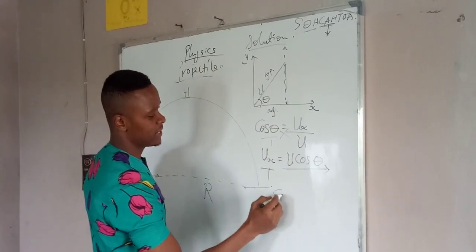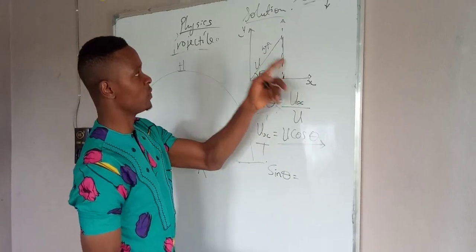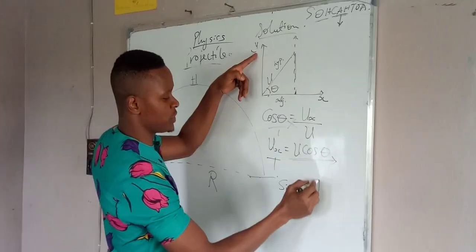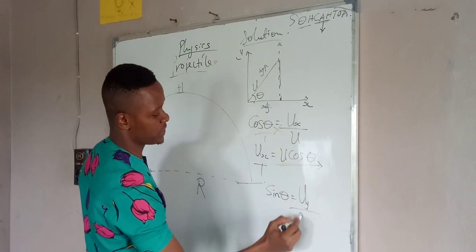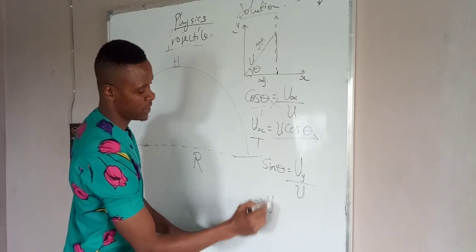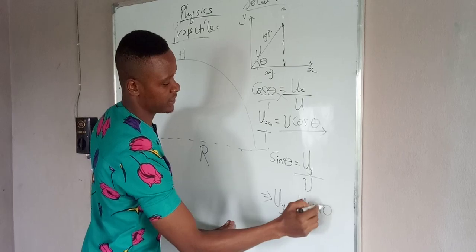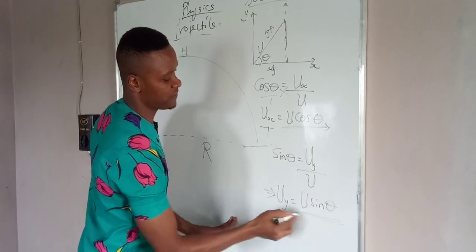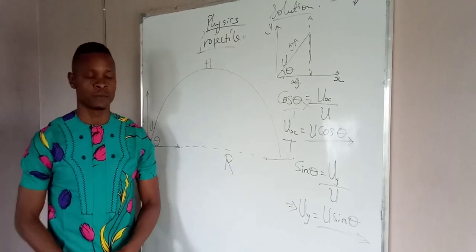So we say that sine theta is equal to opposite, which is u in y direction, u of y, all over hypotenuse, which is u. So u of y becomes u sine theta. So this is the effective value of u in the vertical direction.